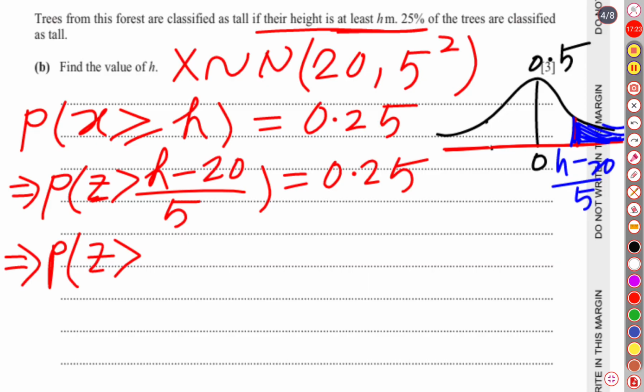If this portion is 0.25, then what will the left part be? Surely this black shaded, dark part must be 0.75. I think you got my point.